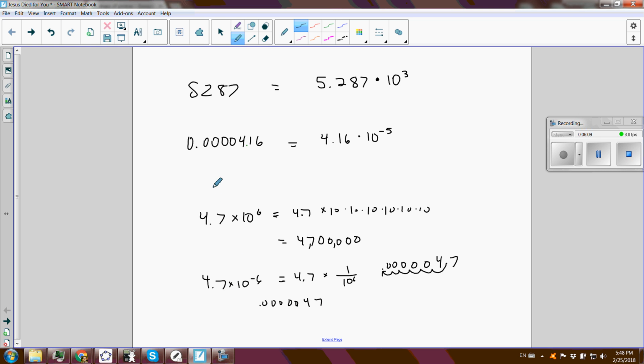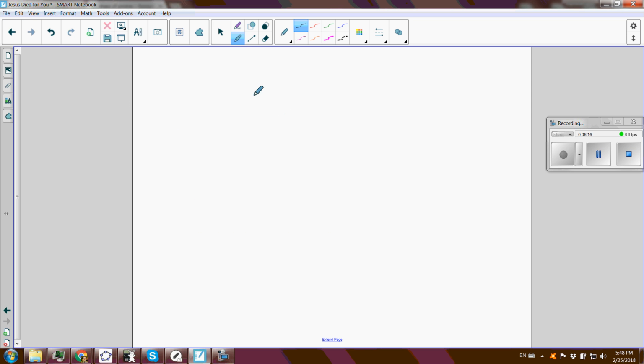Now, if you're multiplying numbers in scientific notation, let's say we want to multiply 3 times 10 to the 5th by 4 times 10 to the 6th. Well, that's really just 3 times 10 to the 5th times 4 times 10 to the 6th.